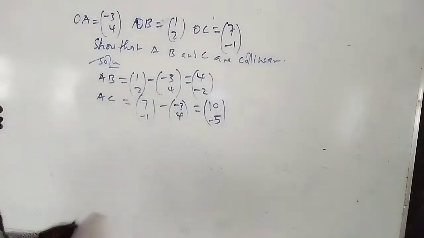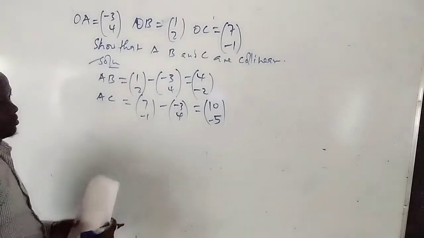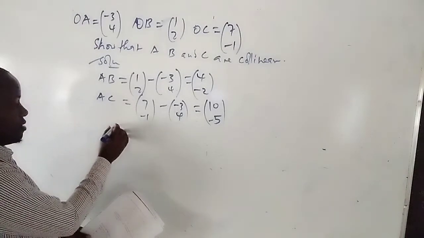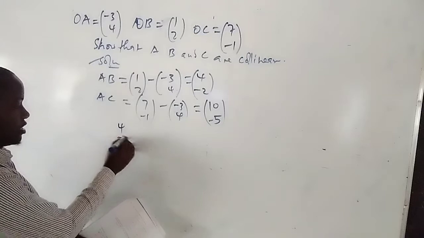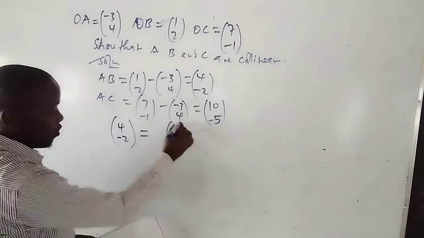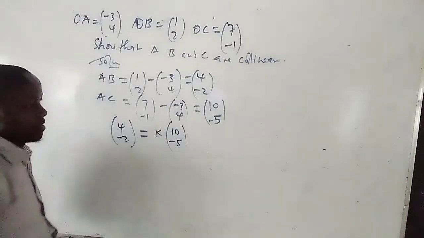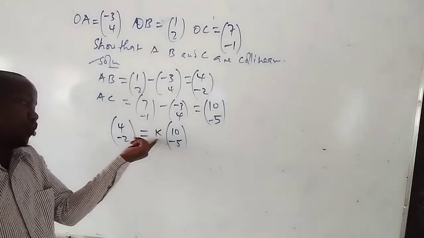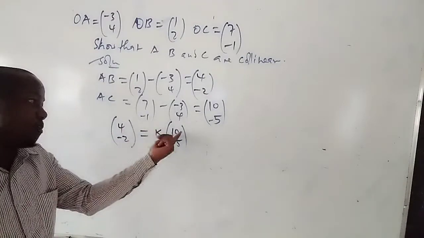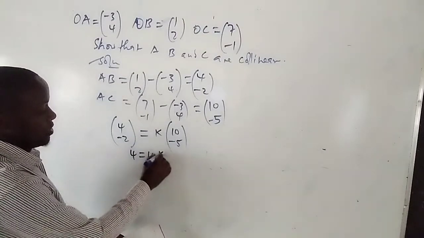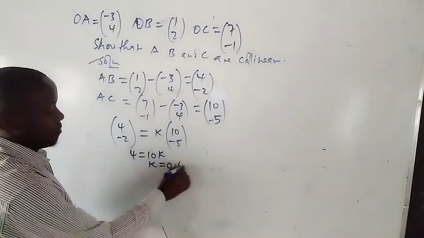So we can now compare the two: 4, negative 2, and 10, negative 5. We multiply with a certain factor. We want to check whether there is a common multiplier which is equal for both the x components and the y components. Therefore, 4 is equal to 10k, meaning k is 0.4.